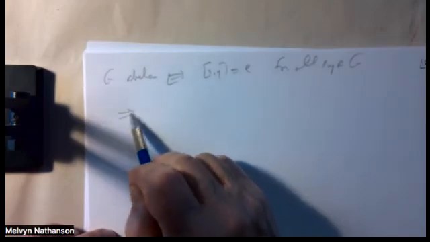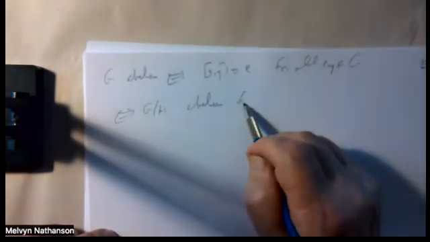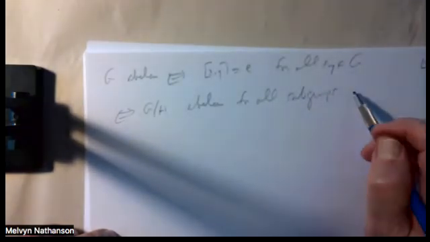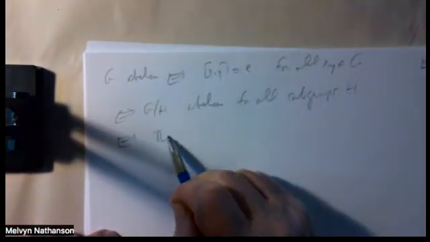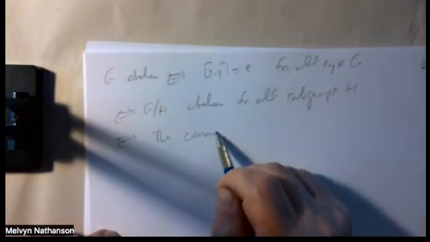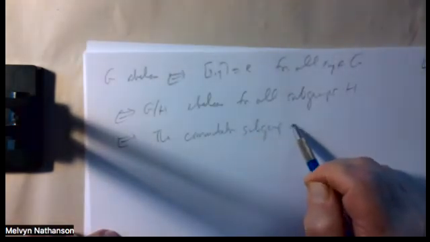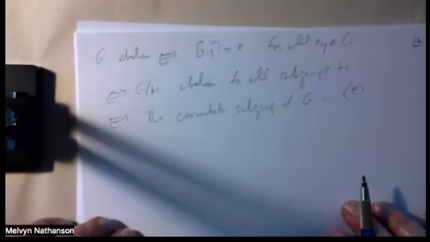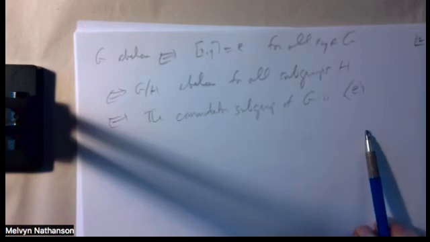So G mod H is abelian for all subgroups H, because again, this is the same as saying the commutator subgroup of G is just the trivial subgroup consisting of the identity element and nothing else. Because every commutator is the identity, so the set of commutators is just the identity, and that's a subgroup.